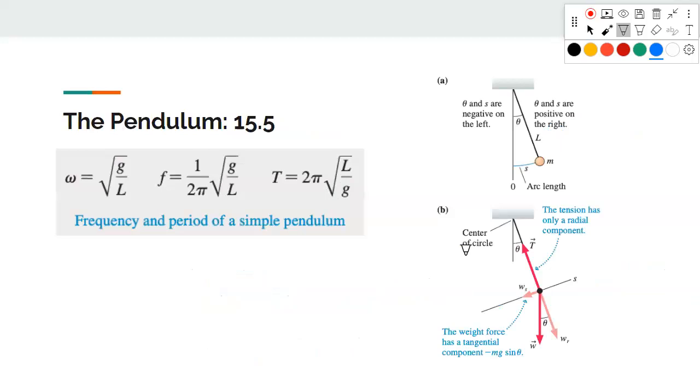So now we'll move on to section 15.5, which is looking at a very, very similar type of physical system, which is the pendulum. What we're going to see is that all of the equations, all of the apparatus that we've been learning for a mass on a spring is also true for a mass on a pendulum.